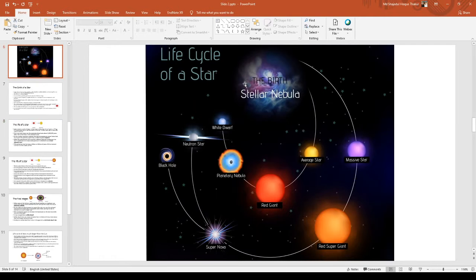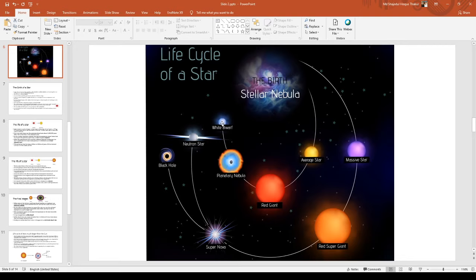Remember last class we studied that a star can have mainly two life cycles. If it is a small, average star like our sun, then it will follow this life cycle: from nebula to average star to red giant to planetary nebula to white dwarf.